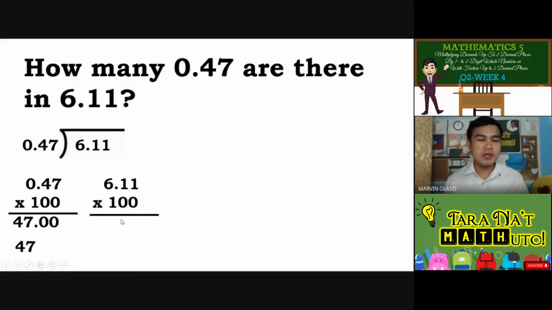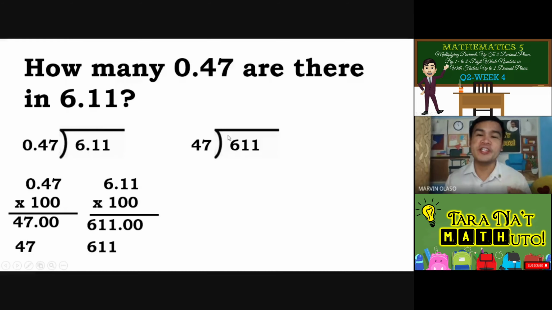Then 611 times 1, we have 611. Then put the decimal point 2 places. That's why it becomes 611.00 or 611. So we have now 611 divided by 47. Or the shortcut method, i-move mo lang ang decimal point 2 places. Then ganun din doon sa ating dividend 2 places. So we have 611 divided by 47.